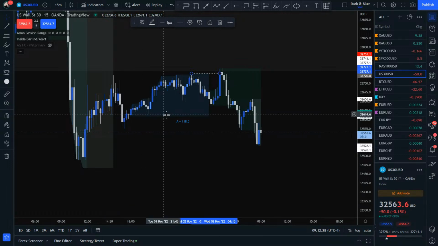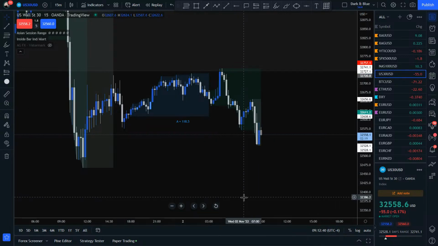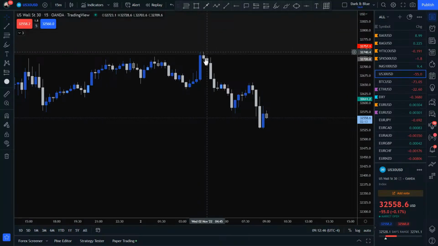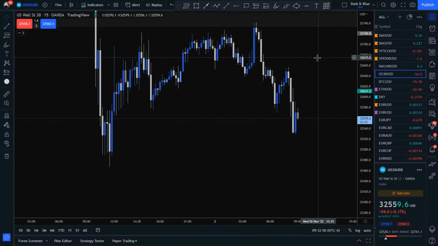So that means the Asia low would be vulnerable, right? And we already took that Asia low. London usually establishes the high of the day or the low of the day. And we want to see if this indeed is the high of today.